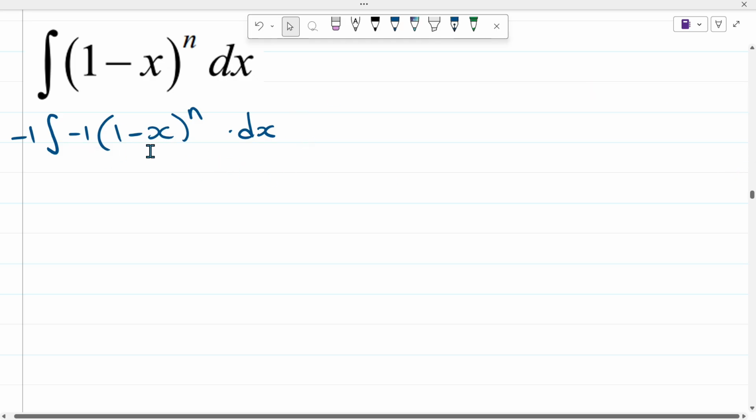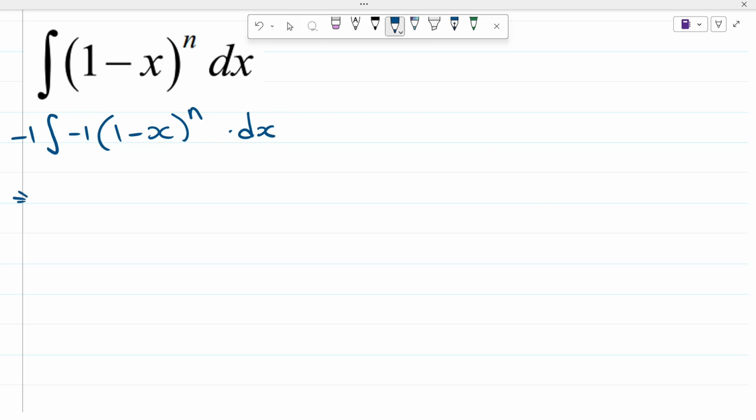So without wasting time, we ask ourselves again, now, do we have a function and its derivative? Of course we do, because if we let 1 minus x be the function, the derivative of it is -1, which we already have here. So we can make use of that and then use the general power rule. So the answer for this is just going to be -1, which is coming from the outside there. Then I apply the general power rule.